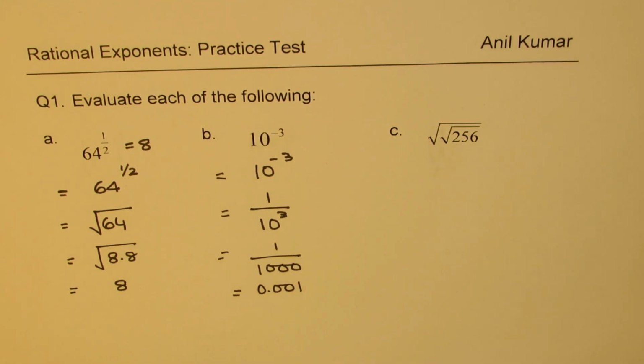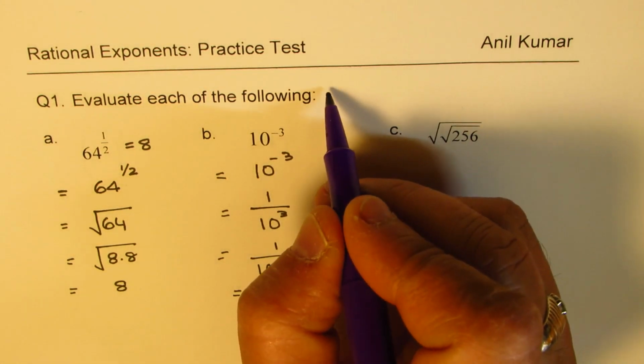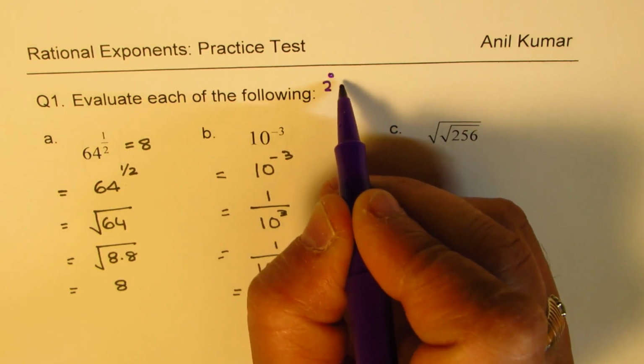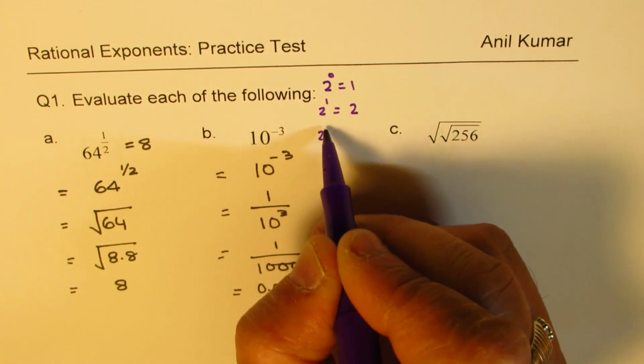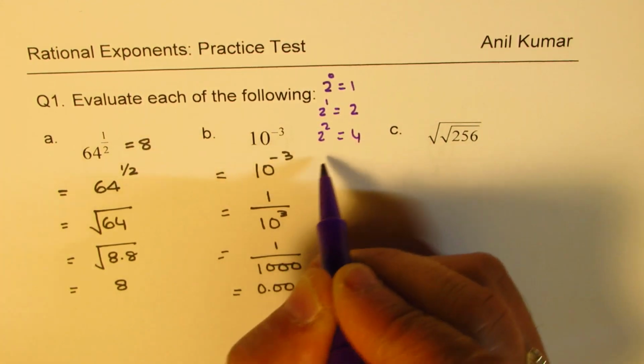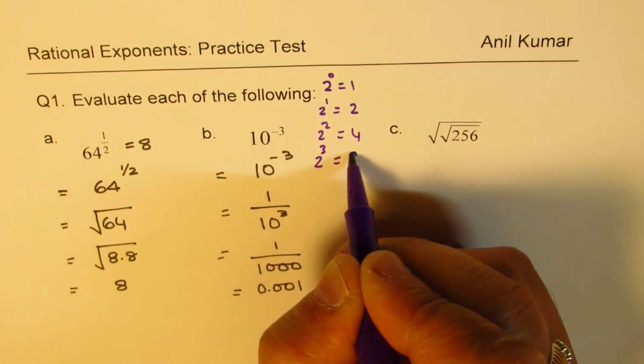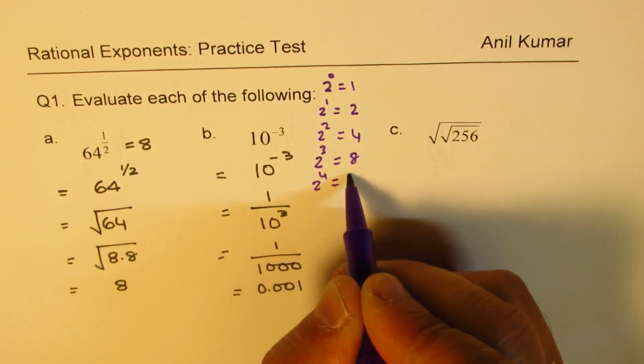I've taken this purposely since I want you to remember the powers of 2. Whenever you're working with exponents, 2 is a very important number. So 2 to the power of 0 is just 1. 2 to the power of 1 is 2. 2 to the power of 2, square of 2, is 4. 2 cube is 8. 2 to the power of 4 is 16.